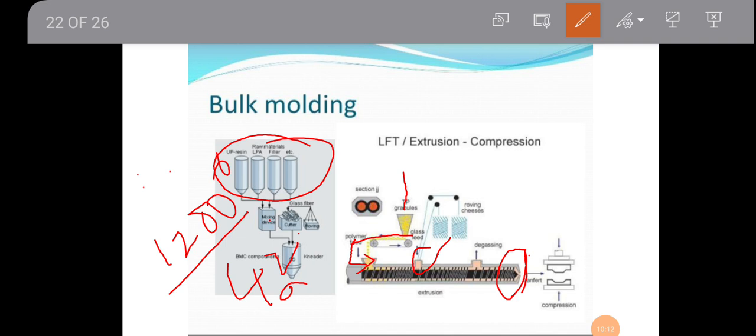And see here, during this extrusion process, there are some key points we require. The first is part complexity, which means how intricate the shape of the final product needs to be after applying the pressure. We also need to focus on product volume.